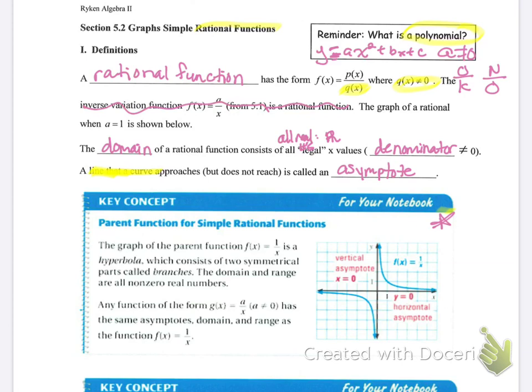So in this case, you notice a vertical asymptote here, because it's approaching from both directions. It's approaching that vertical line, but it's never actually going to cross it. This one is your horizontal asymptote. Horizontal is y equals, vertical is x equals, because you have to think which axis does it cross, right? A horizontal line crosses the y-axis.